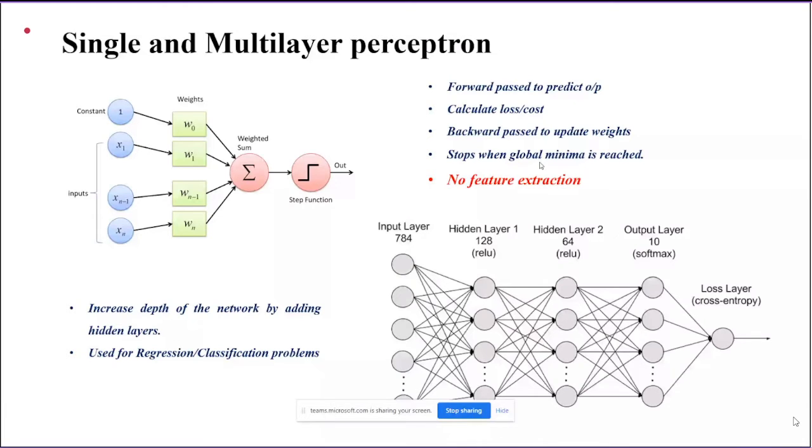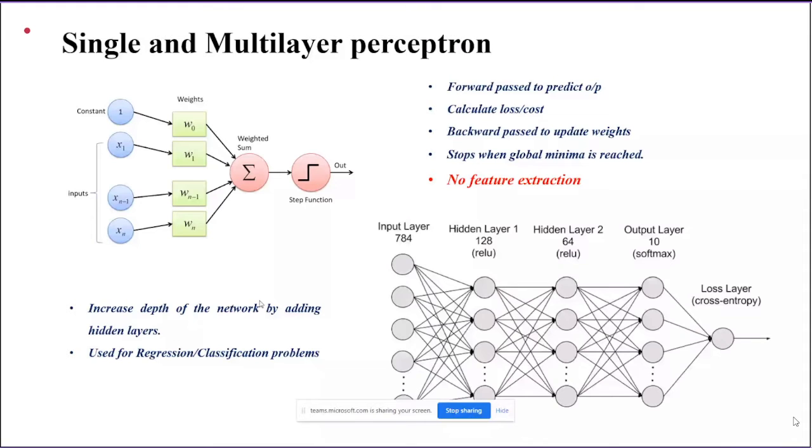The feature extraction is done separately, and after the feature extraction, the input is given to this artificial neural network. That is the main disadvantage of this multi-layer artificial neural network. We can increase the depth of this neural network by adding more hidden layers, and this type of network is used for classification as well as regression problems.